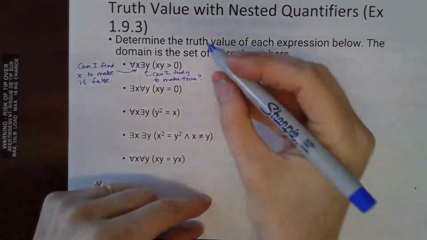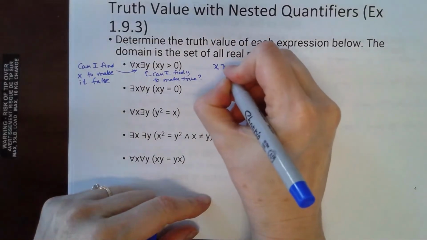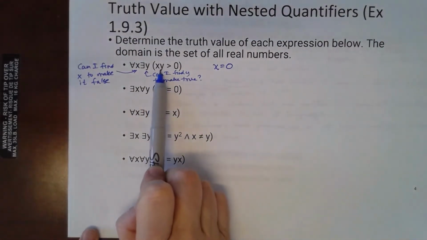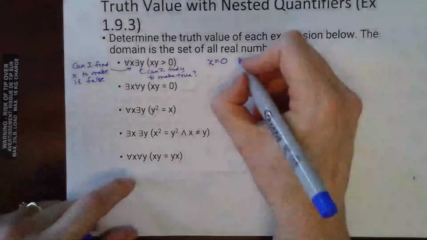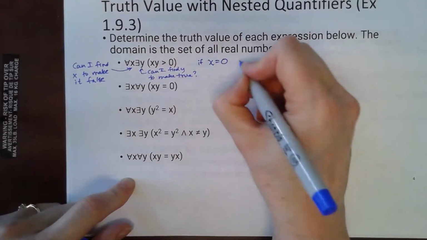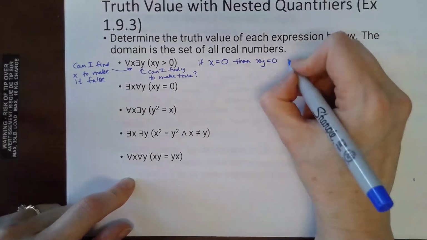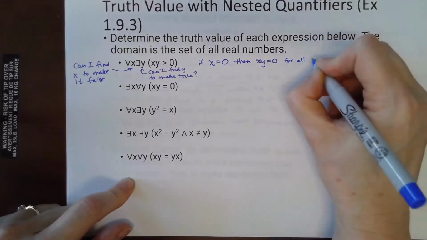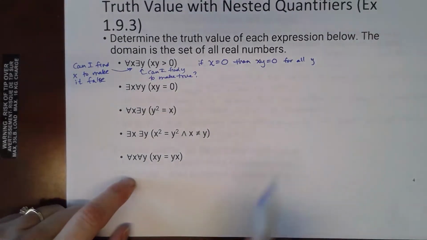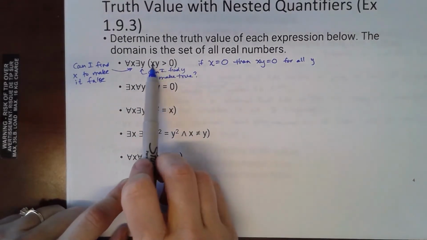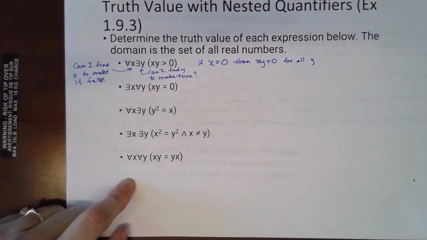0. Good. So if X is 0, I don't care what Y you give me, X times Y is always 0 for all values of Y. And since the product is 0, is 0 greater than 0?